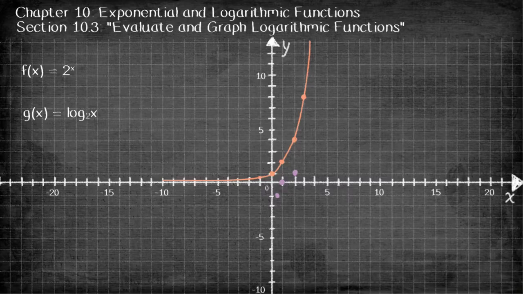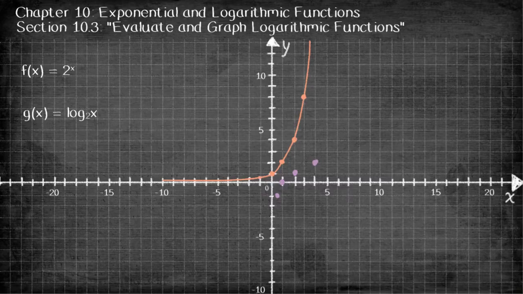And then if we want some more points, we have to think about, well, all right, so I can plug powers of 2 into log of x and get a nice answer. So for example, log base 2 of 4, since 4 is 2 squared, is going to give me 2.